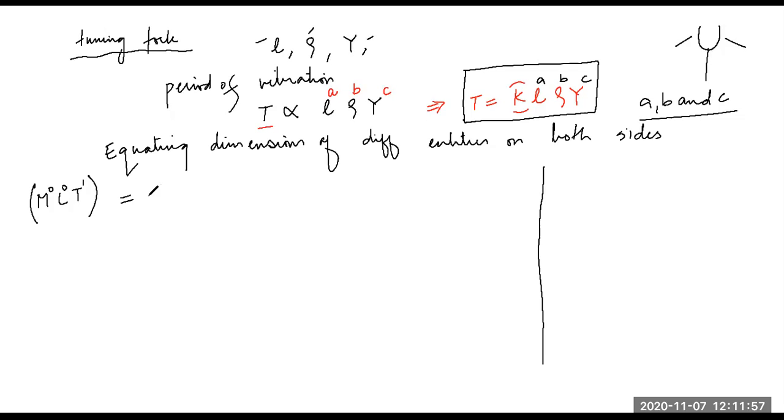So what is the dimension of L? It's a length, so it will be M raised to power 0, L1 and T raised to power 0. You can also simply write L. And what is the dimension of density?